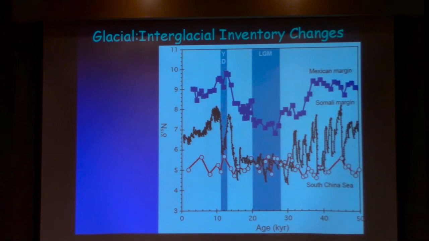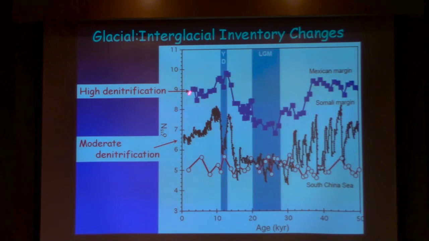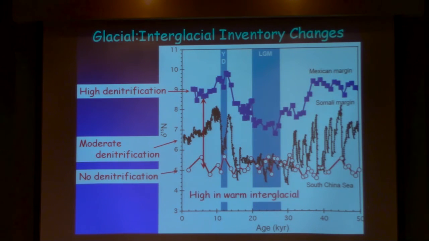And what we see is that through time, there's high denitrification in the Eastern Tropical Pacific and moderate denitrification in the Arabian Sea, and it changes through time over the last 50,000 years. Okay, so it was fairly high in the warm interglacial, and then it kind of crashed in the glacial periods, so low in glacial periods.